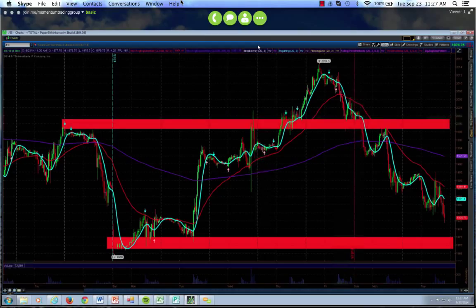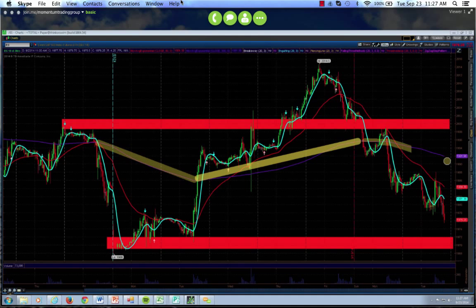Go ahead and wait for that to print on your chart. So as this populates on your chart, you'll be able to see basically the 3 lines of that purple line.